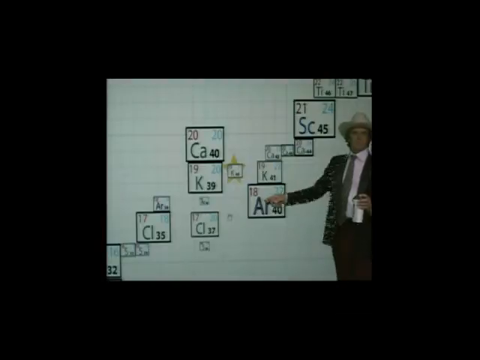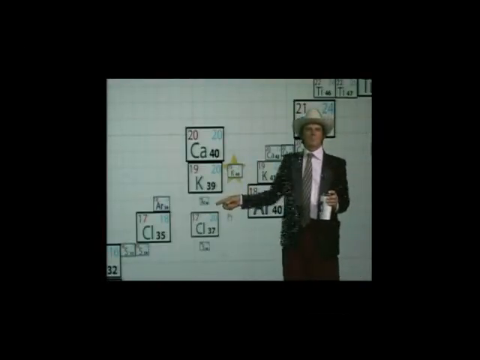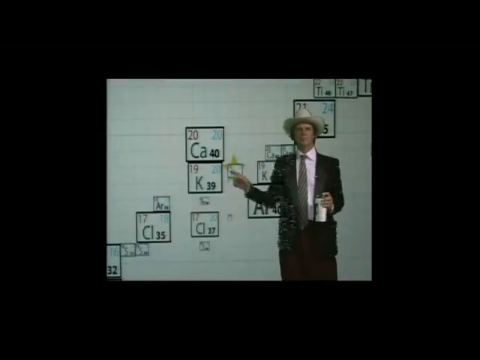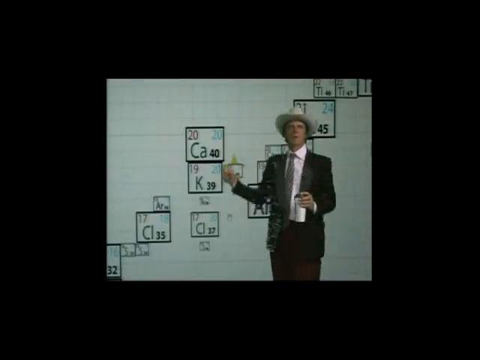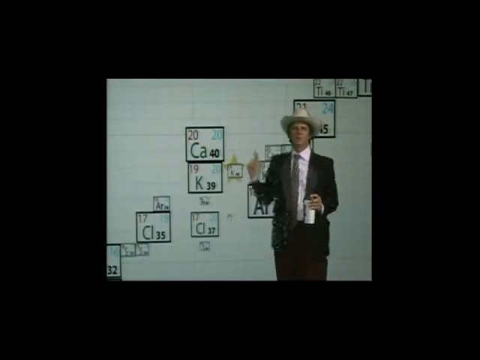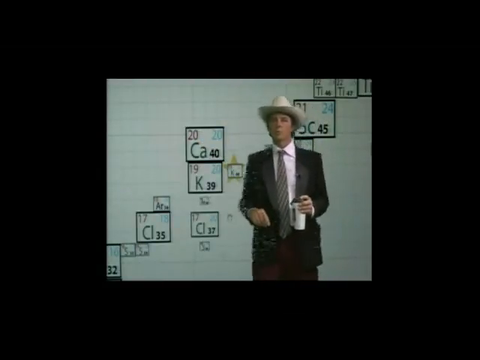39 mass for potassium, 19 protons. It's got to be a calcium atom if it's got 20 protons. Above 19 is 20. 20, 20. You see 20, 20?